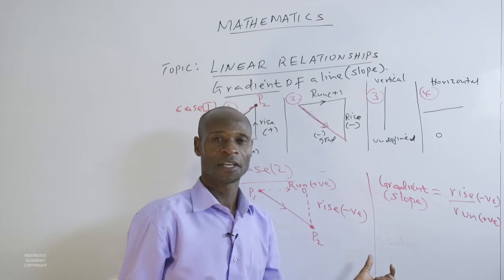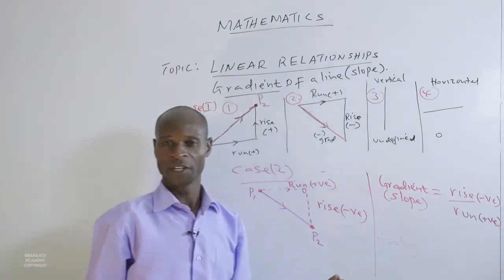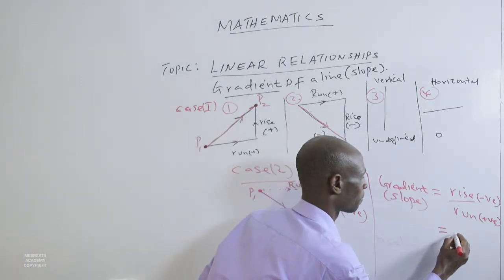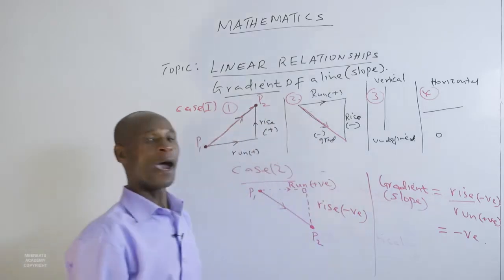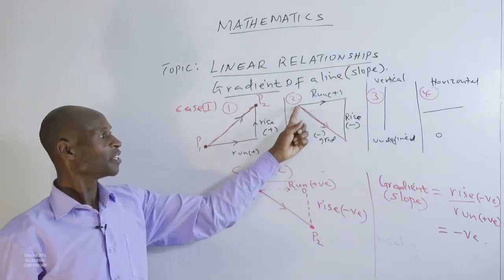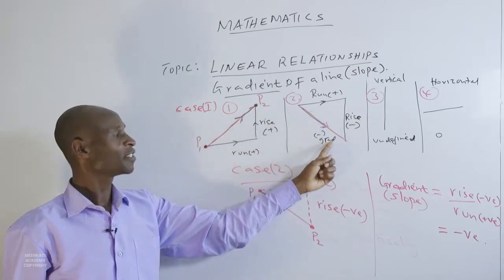If we divide a negative value by a positive value, the result is negative. And therefore, we can conclude that the gradient of this line, which is sloping downwards, is negative.